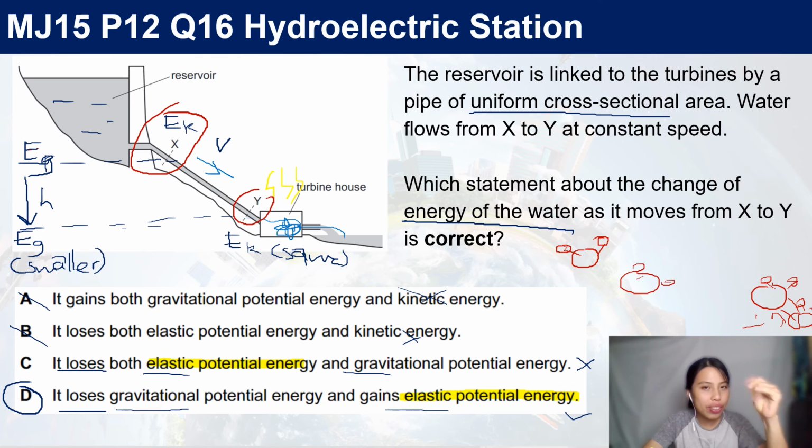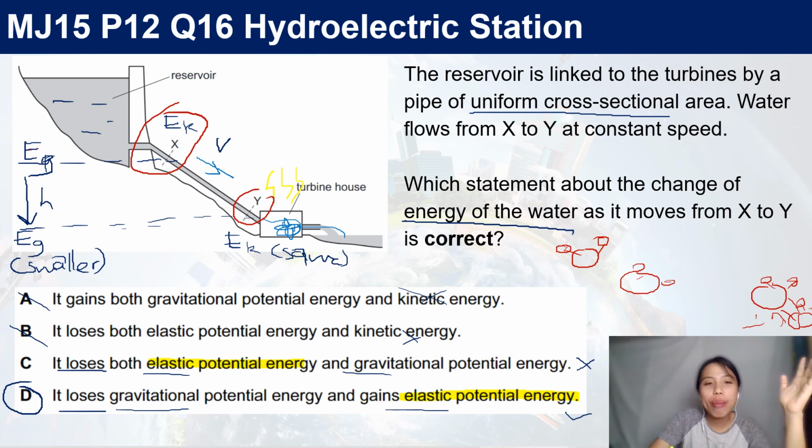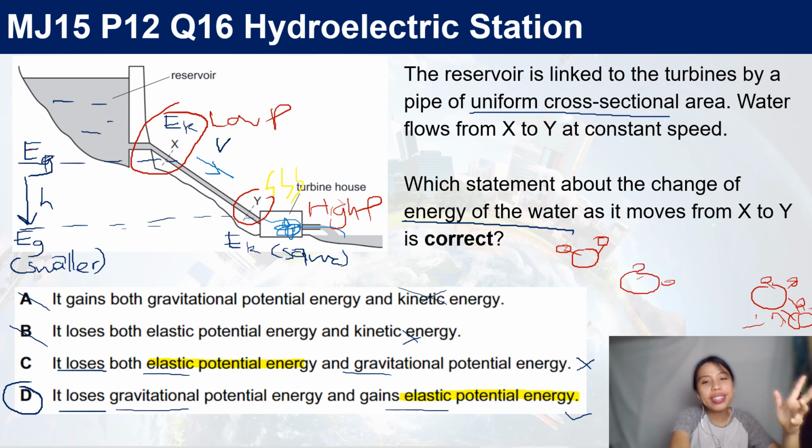What is that term in the previous unit? When you go from top to the bottom of water, what increases? Pressure. Okay? High pressure, low pressure, all that stuff. So on top at X, you're going to have low water pressure. Go to the bottom, high water pressure. Which means all these water molecules are pressing against each other, pressing against the wall more. So it's kind of like stored elastic potential energy.